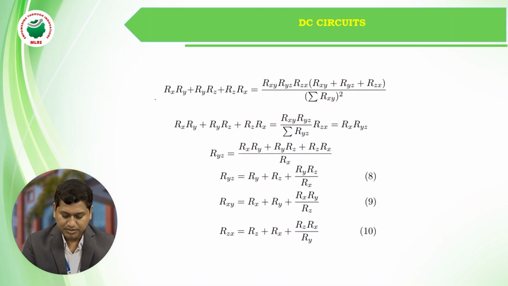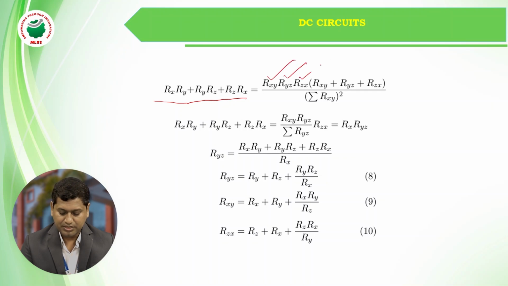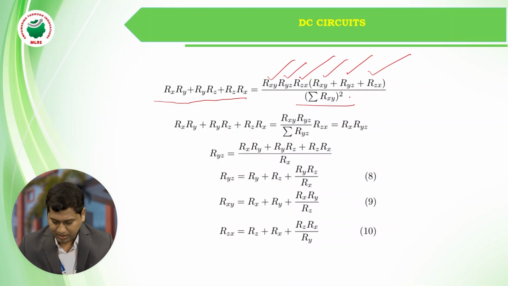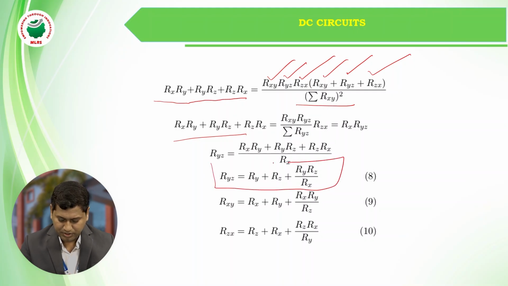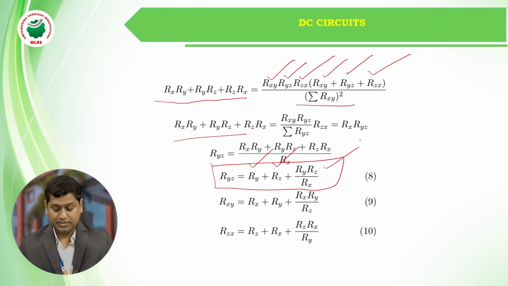So from here, rxy plus ryz plus rzx, algebraic sum of rxy square. If we keep on solving, finally we are going to get ryz is equal to ry plus rz plus ry rz by rx.